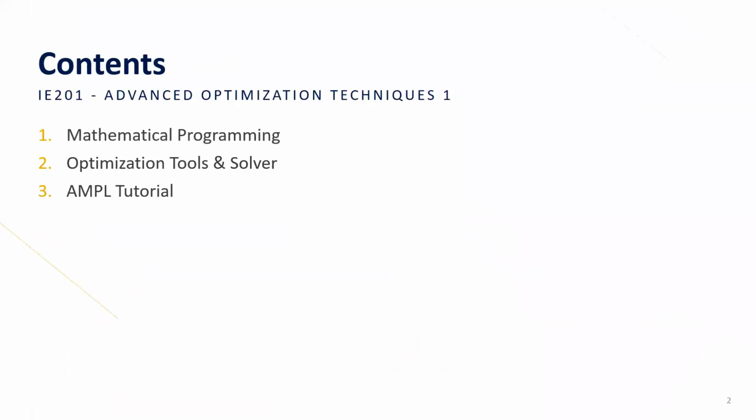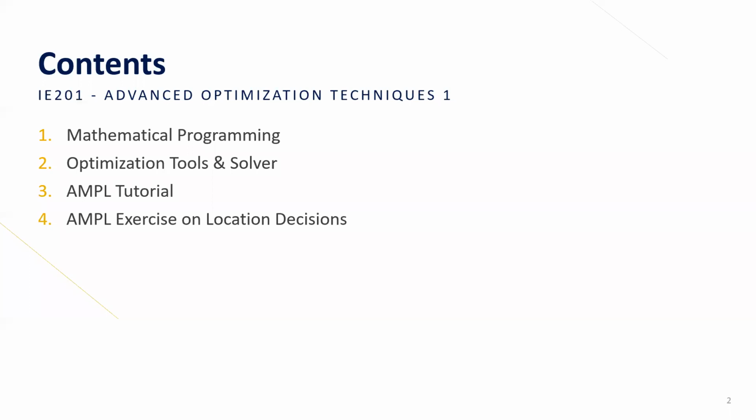It's focused on how the mathematical programming will be implemented on a solver or optimization tool. Basically there are a lot of optimization tools and software that you can use.